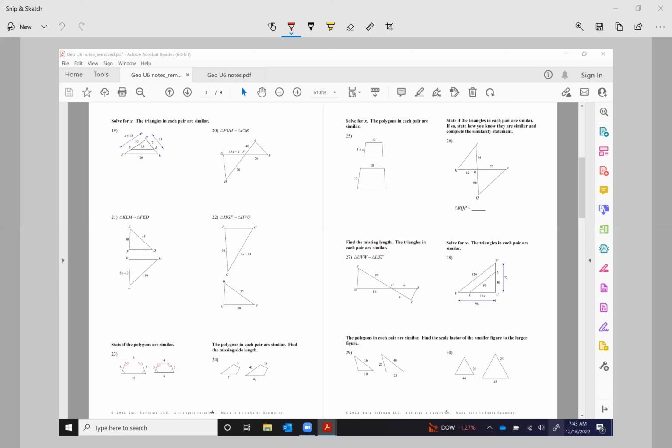When I use the first two letters on this other side, it is CB. So x is going to go with 24. Either use which side is bigger or use the notation, the statement at the top, CBA similar to UVW. I give it to you when the measurements are hard to tell. So x goes with 24 and 10 goes with 40.